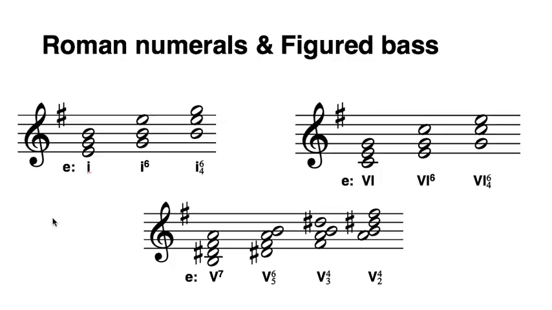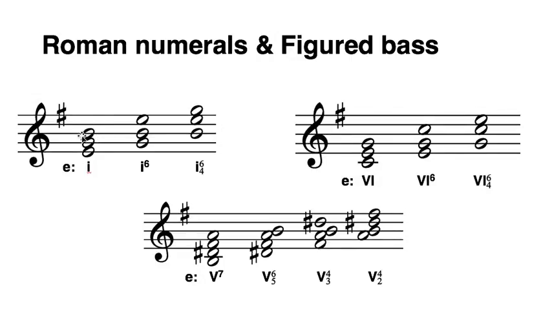Here are some examples of how we use the Roman numerals in conjunction with figured bass numbers. Now we have switched to a different key. Look at the key signature, 1 sharp, that is either G major or E minor. I clarify things here with a lowercase e colon at the beginning of each excerpt. Here we have E, G, B, E to G minor third, G to B major third.